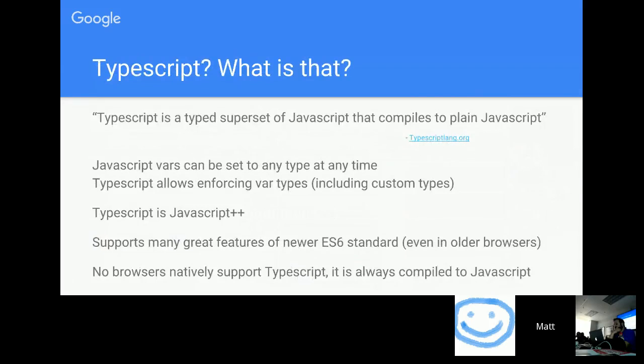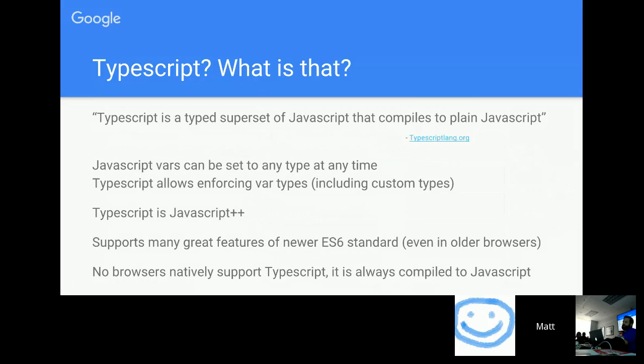So TypeScript is basically, according to the language website, a superset of JavaScript that compiles to plain JavaScript. For instance, JavaScript variables can be set to any type at any time, an integer, a string, a float.